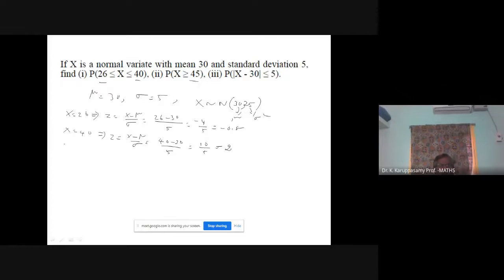And 45. X equal to 45 means z equal to x minus mu by sigma, 45 minus 30 divided by 5, 15 divided by 5, it is equal to 3.